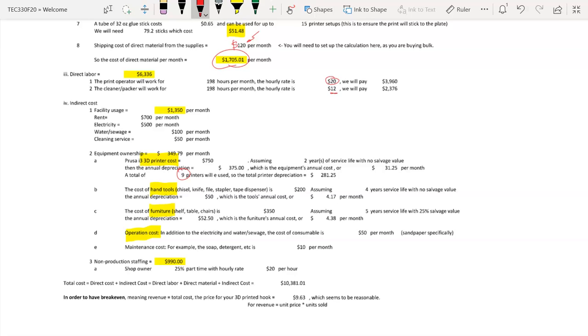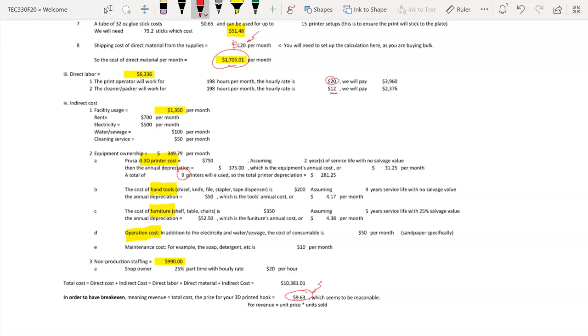When I add it all up, we'll get the cost of the individual part, about $9.63. Of course, how can you reduce this amount? That's what I'm trying to say. How can you reduce the price or the total cost itself?